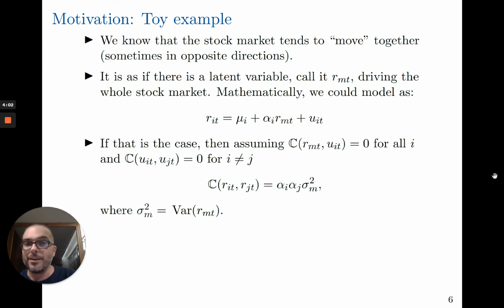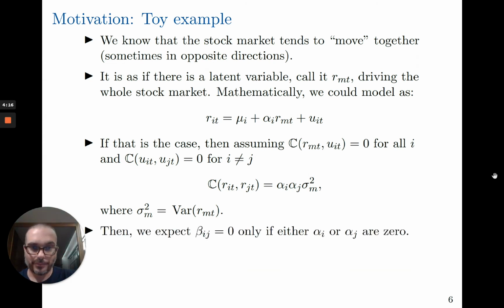So if we run a regression of R_i on all the other returns, this model is not sparse by construction if we believe there is a driving force in the market. And so we expect the beta_ij to be 0 only if either alpha_i or alpha_j is 0.